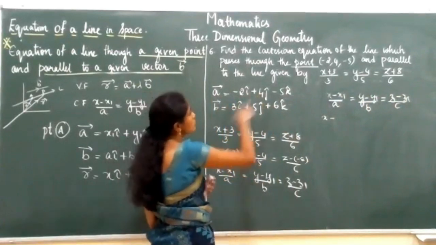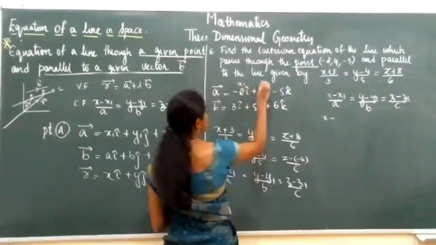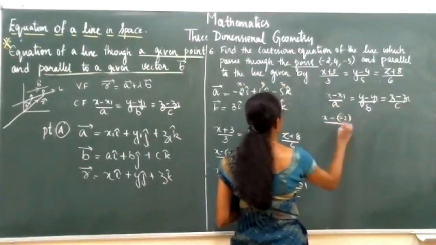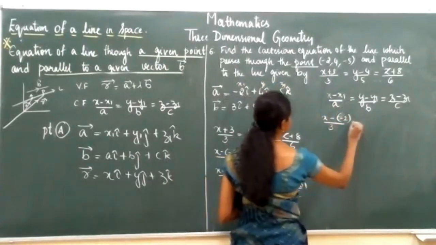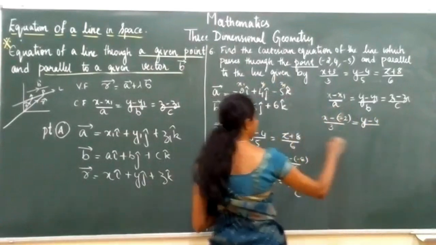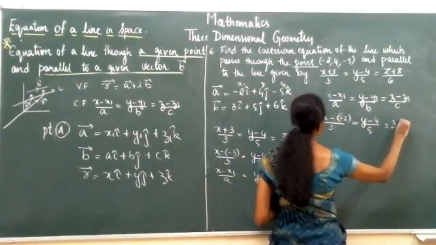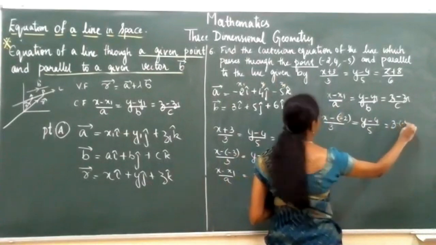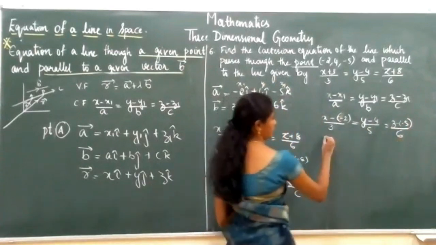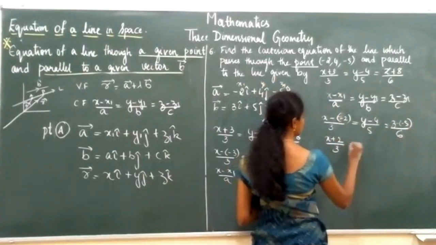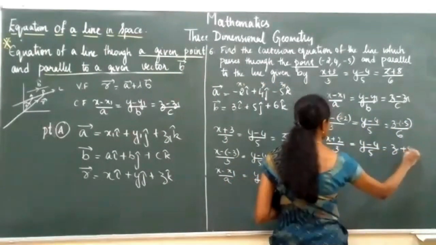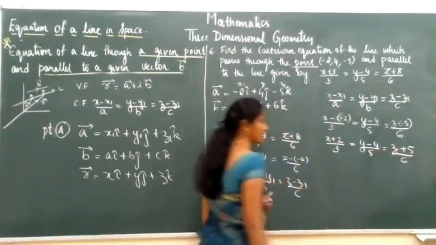So it is 2 as your x1, and y1 and z1 follow. So x minus 2 by a, which is 3, is equal to y minus 4 divided by b, which is 5, which is equal to z minus of minus 5 divided by c, which is 6. Simplifying, x minus 2 by 3 is equal to y minus 4 by 5, which is equal to z plus 5 by 6. This is the Cartesian form.